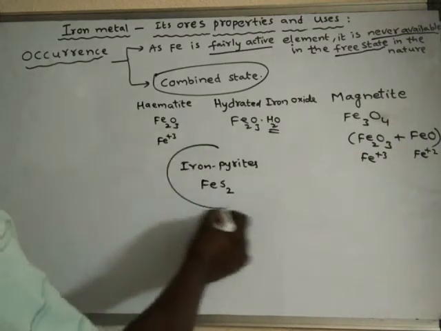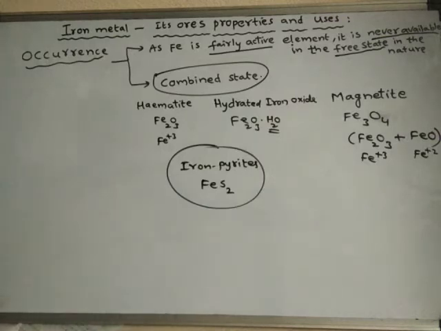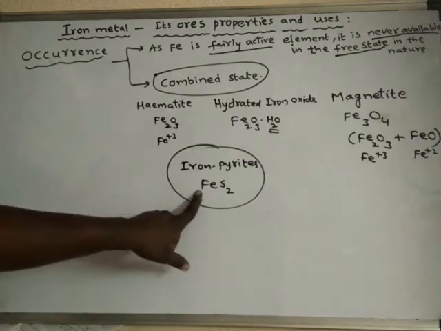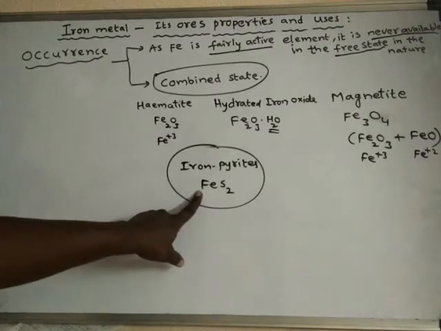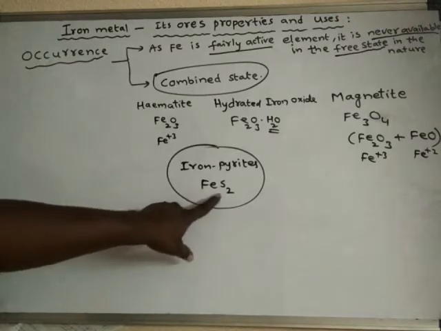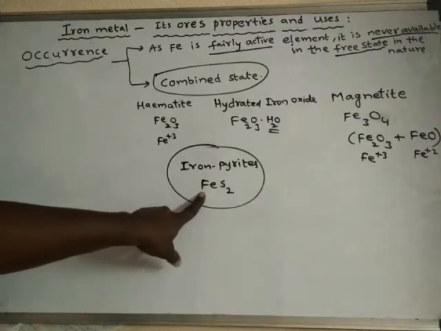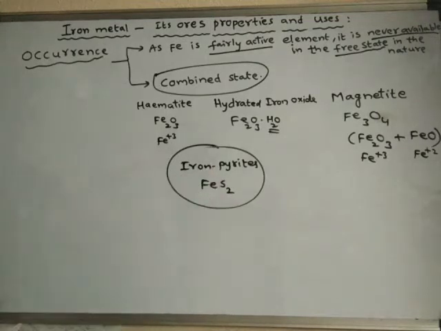But this particular ore is not useful, so we cannot extract iron from it economically. It is a costly thing, involving a large amount of investment. That is why the extraction of iron from iron pyrites is not preferable.